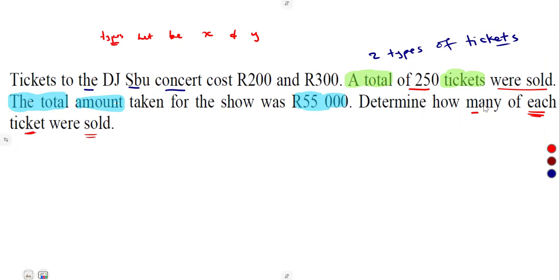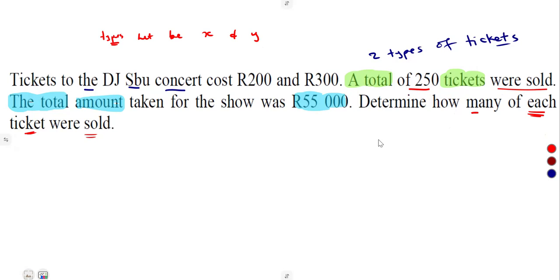That is why they are asking how many of each. Determine. So we have got two things to consider. The cost, which gave us a total. The tickets, which gave us a total of how many were sold.